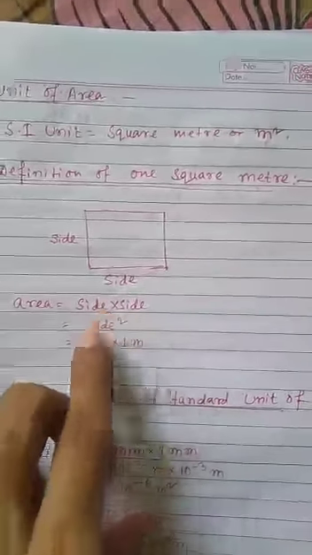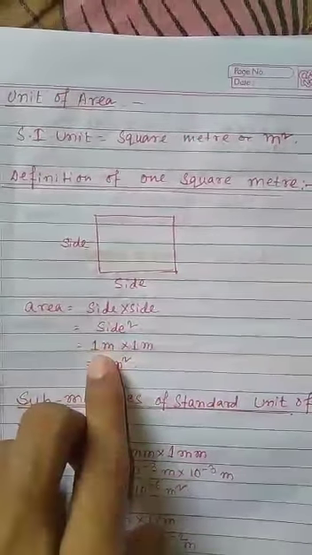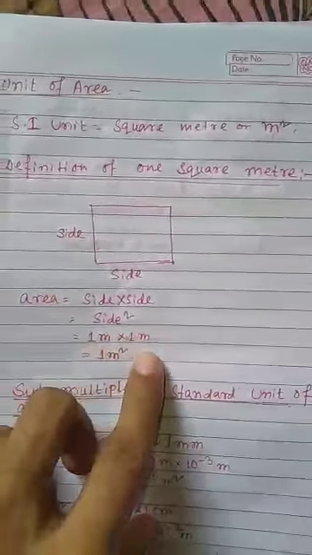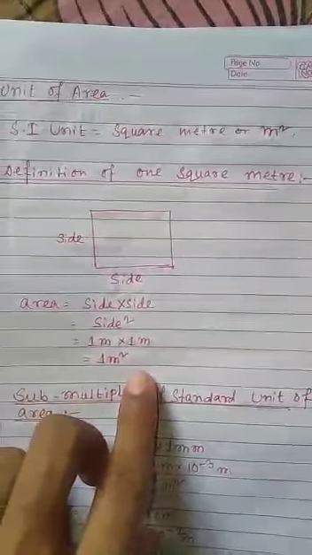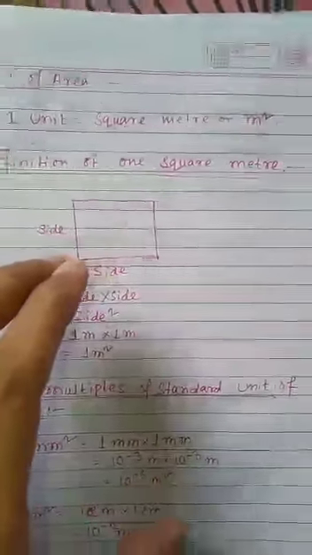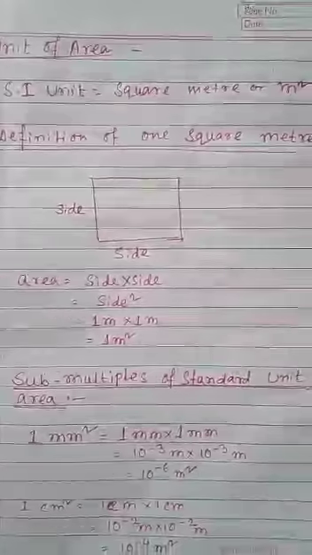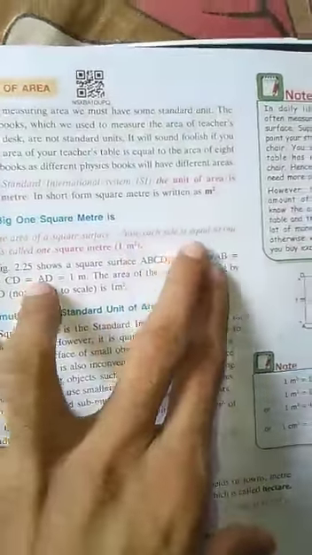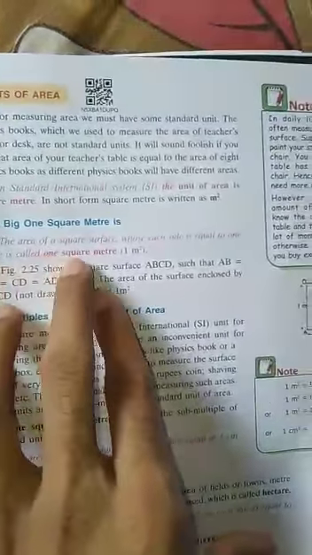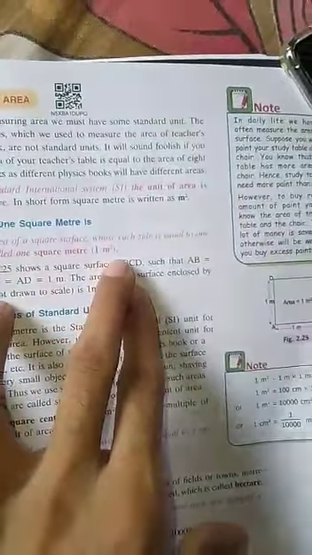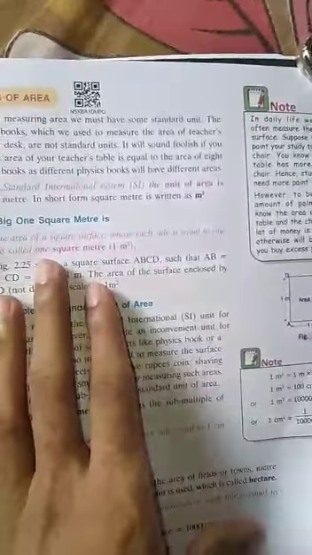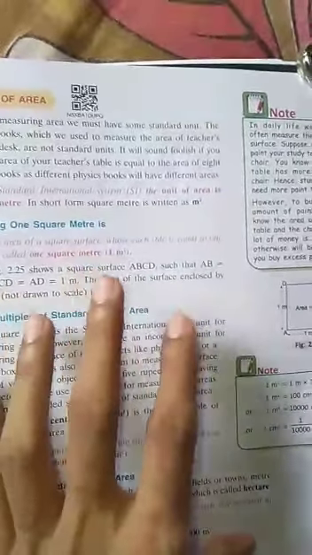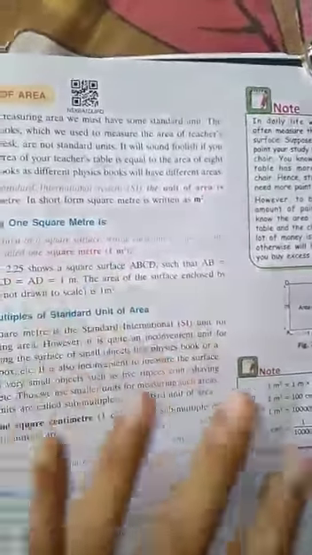Now if each side of the square is 1 meter, then the area should be 1 meter into 1 meter, that means 1 meter square. So from this discussion we can conclude that the area of a square surface whose each side is equal to 1 meter is called 1 square meter. Okay, so 1 meter square or 1 square meter is the area of a square surface whose each side is equal to 1 meter.